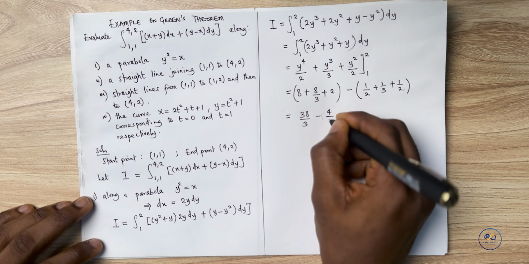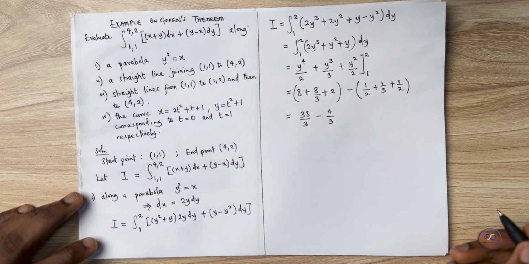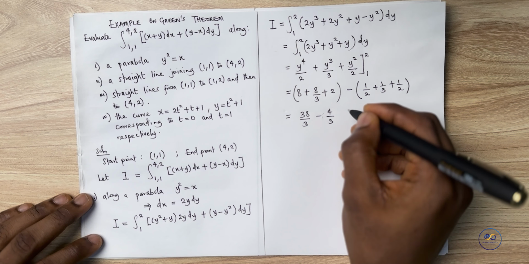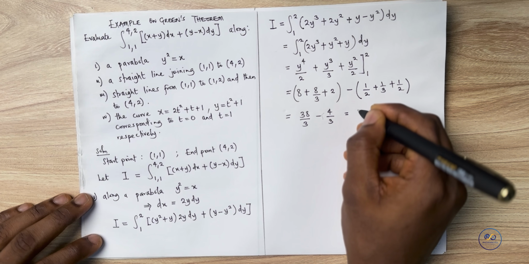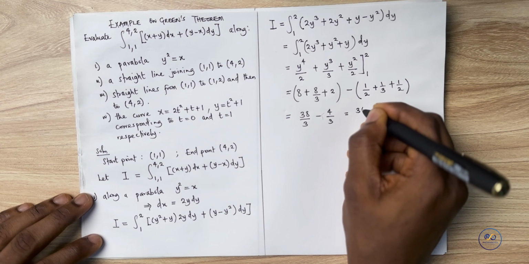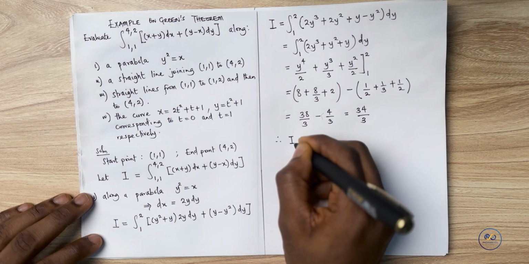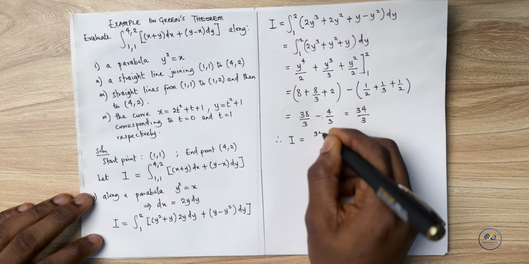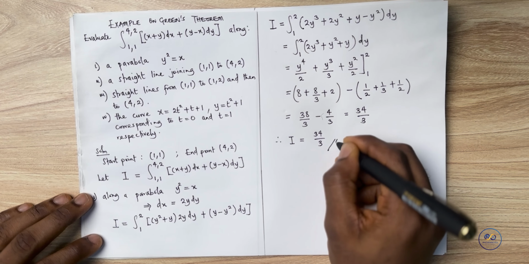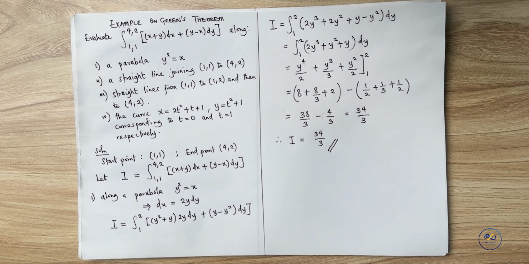So you have this to be 4 over 3 as necessary. Subtracting this, we'll have a final result of 34 over 3. So I equals 34 over 3 when it is evaluated along the parabola y squared is equal to x.